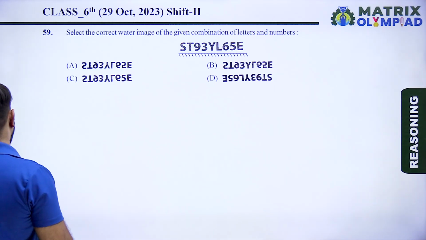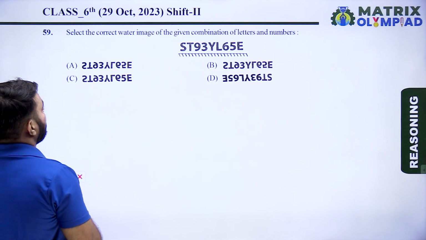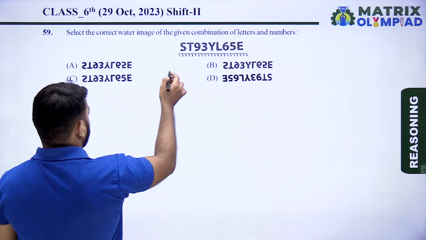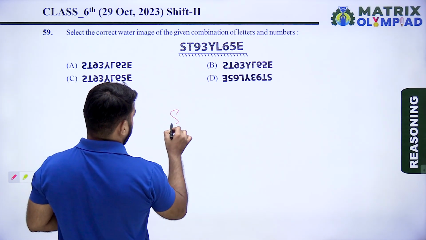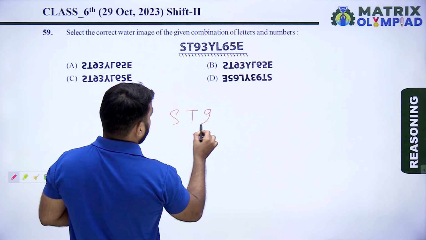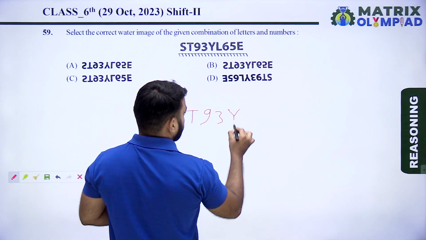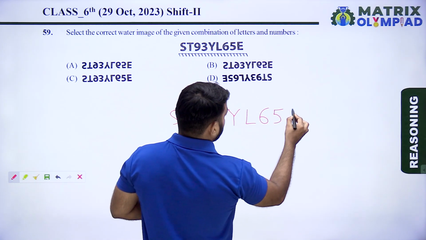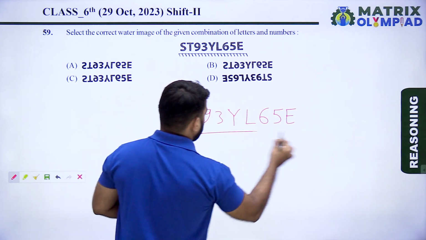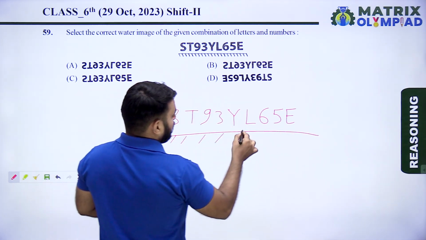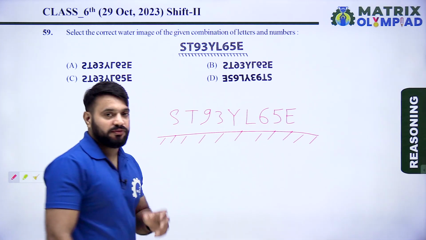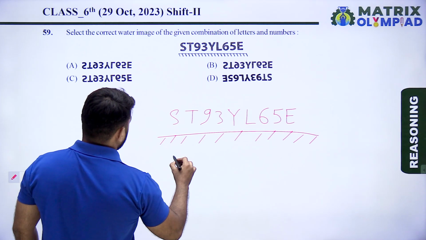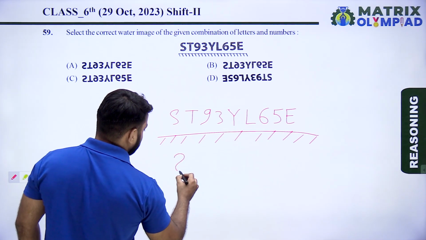So next question is question number 59. Select the correct water image of the given combination of letters and numbers. So find the water image of S, T, 9, 3, Y, L, 6, 5 and E. So first find the water image of S. So the water image of S looks like as follows.